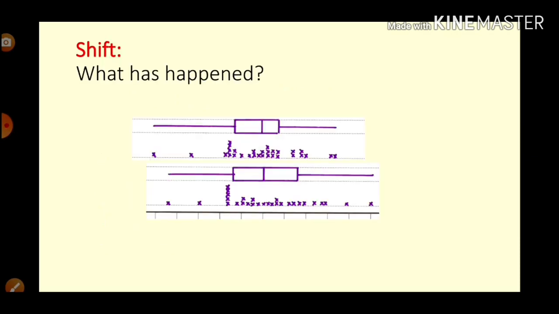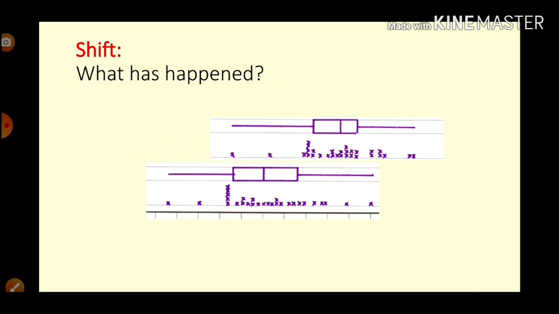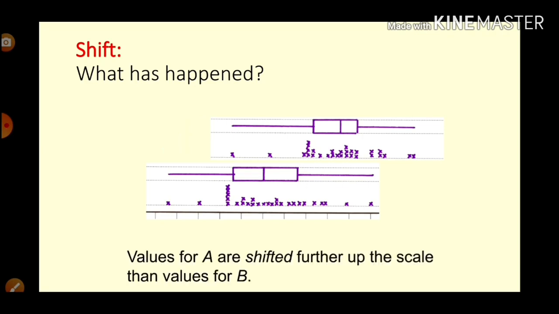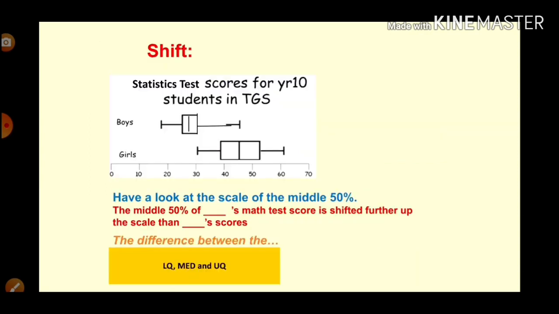Next one is shift. Let's say the top one is A. The values of A are shifted further up the scale than the values of B. We're looking at the middle 50%. What is the middle 50%?